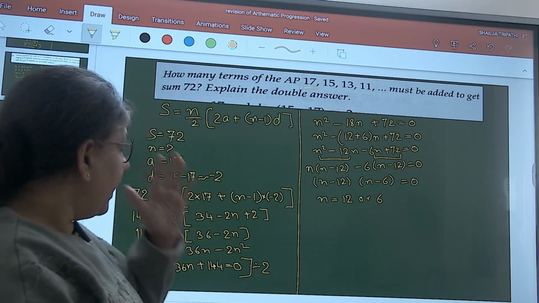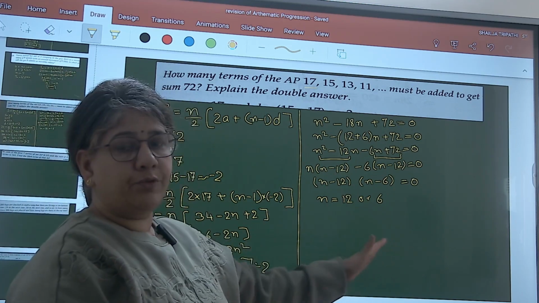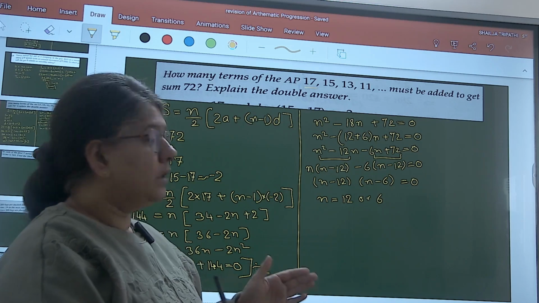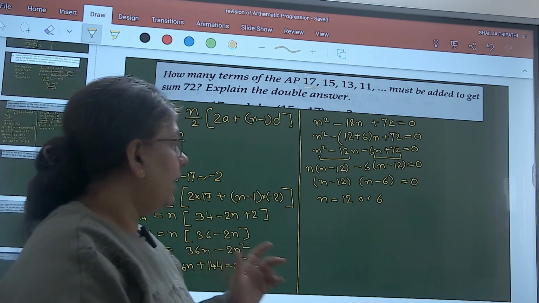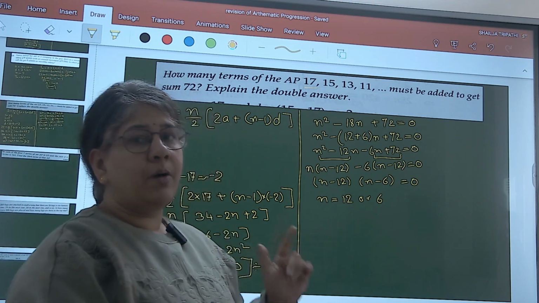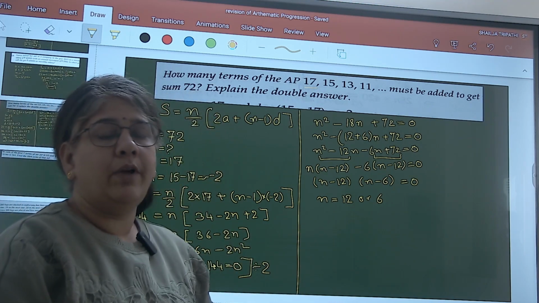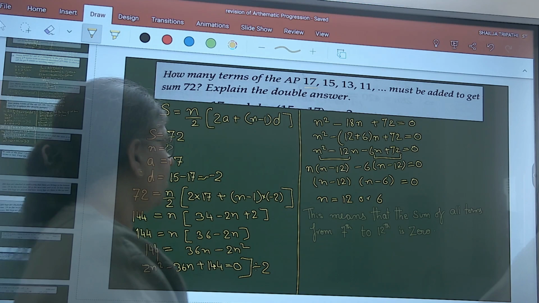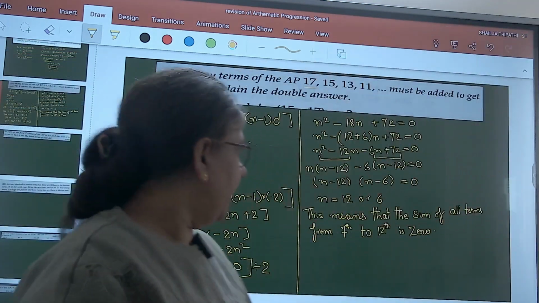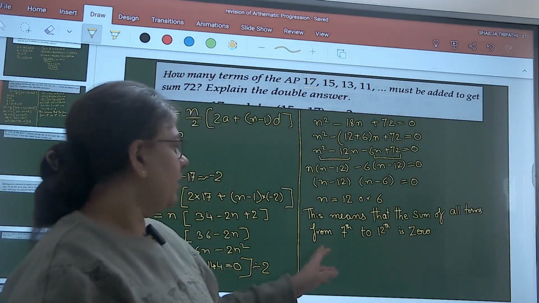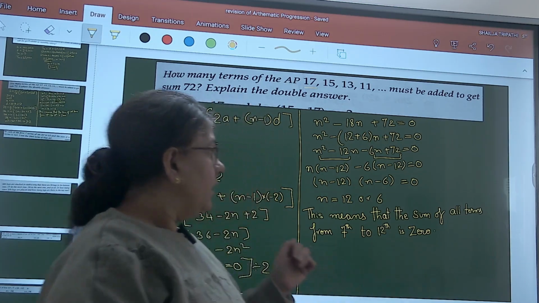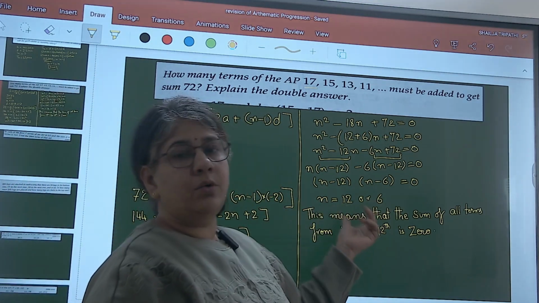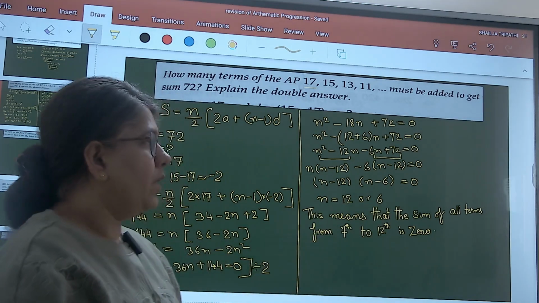Then if we add the first 12 terms, again we get 72. This is only possible if the sum of the terms from 7 to 12 is 0. That is why we are getting two values of n, that is 12 or 6.